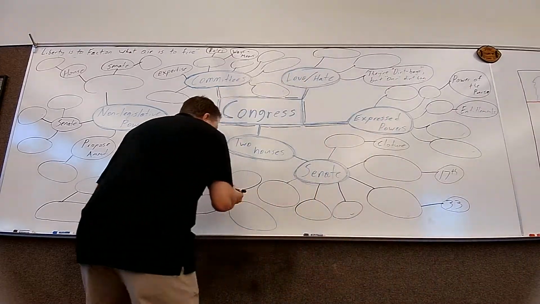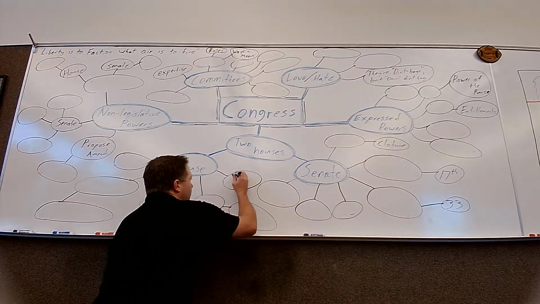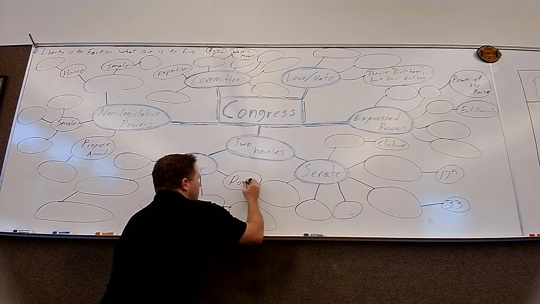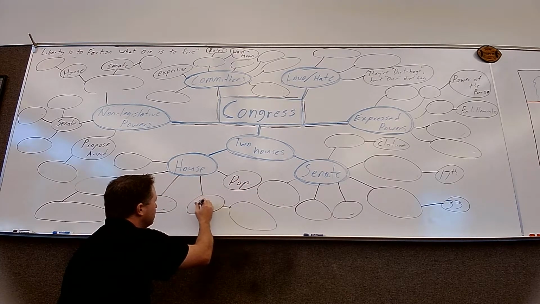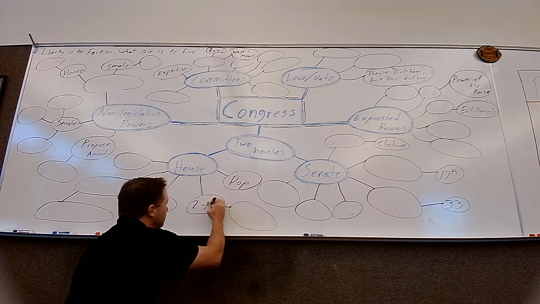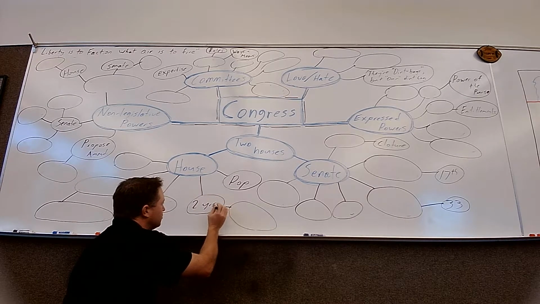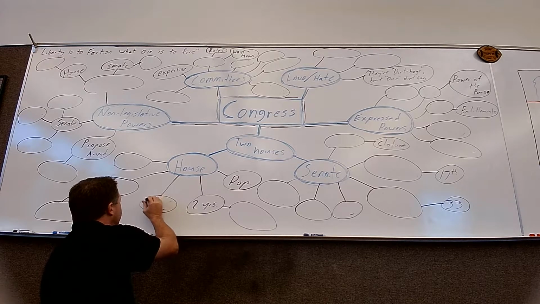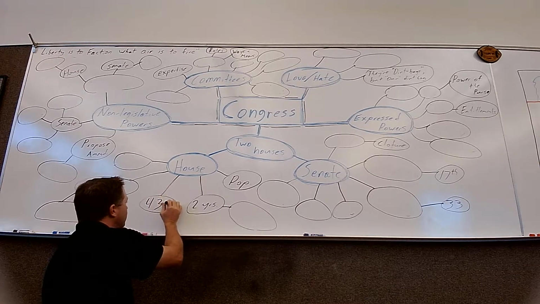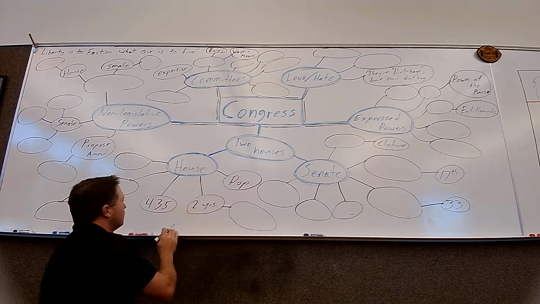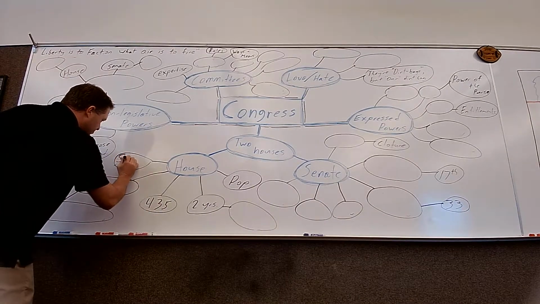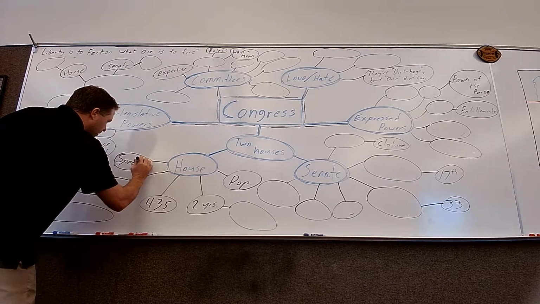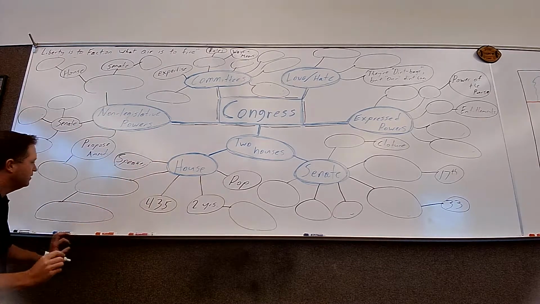This first bubble right here, we'll put population, okay, and I'll just abbreviate it and put pop. I'll put 2 years right here. That's the term lengths. We'll get to that in a second. I'm going to put 435 right there, the number 435. Over here, I'm going to put the word speaker, and I'll explain that in just a second.